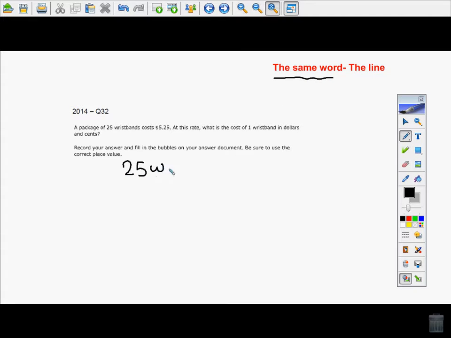25 wristbands. Let me put it here, so you can see better. For $5.25, we have 25 wristbands, and we wonder for one wristband how much money we need to pay.